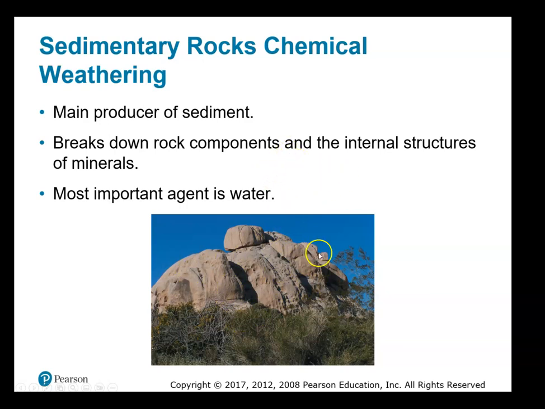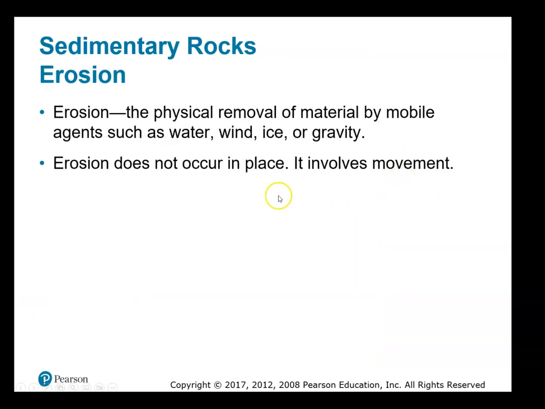And then as the water, let's say there's a flash flood, or who knows, there are all sorts of things that can take place over the course of millions of years, and the material that made up this boulder gets spread out, basically.